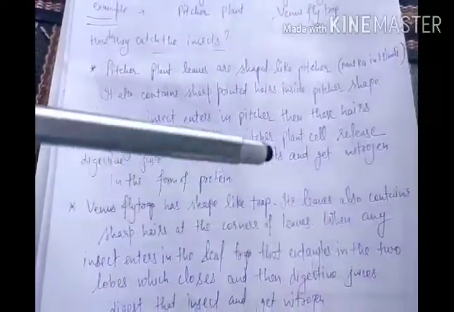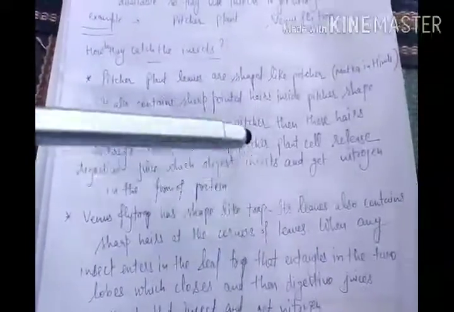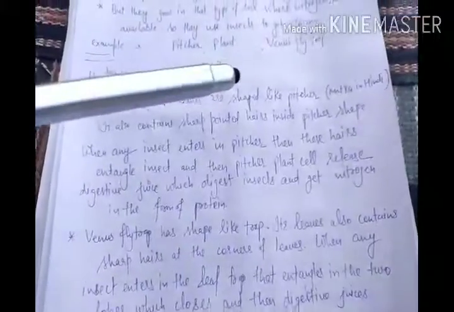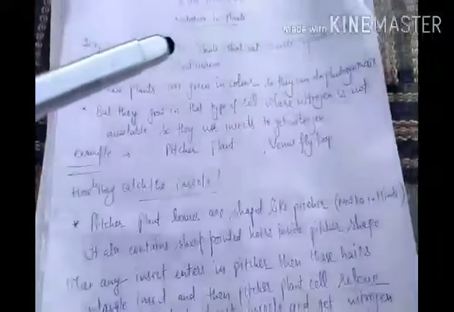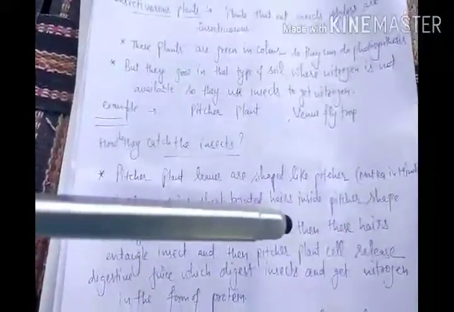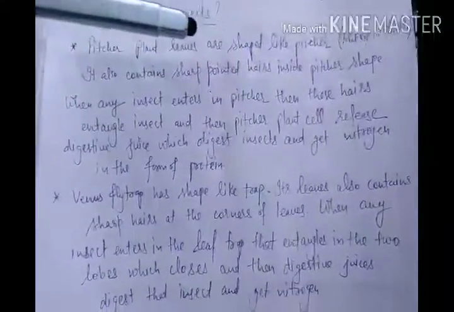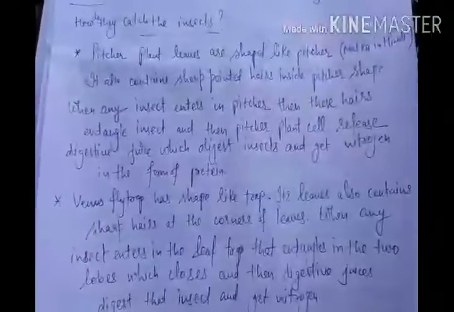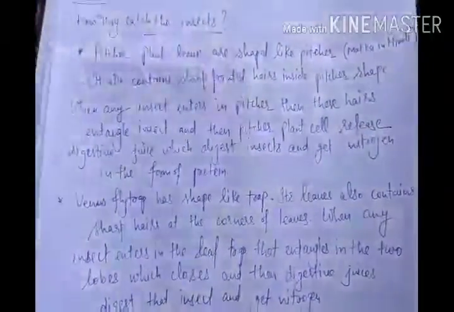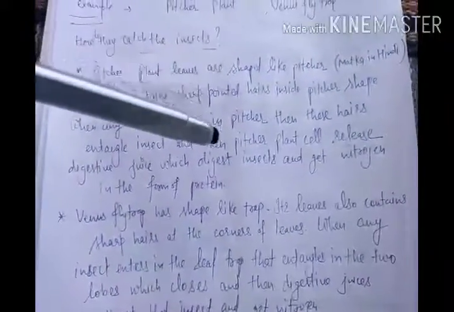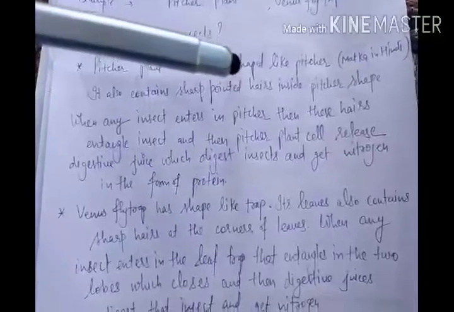So they are green plants. Obviously green plants can prepare their food by the photosynthesis method, but they use insects only to get the nitrogen, because they have no soil that can give them nitrogen. They need nitrogen for their growth, because nitrogen is converted into protein in their body, and then they grow.